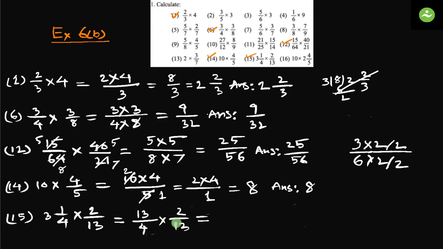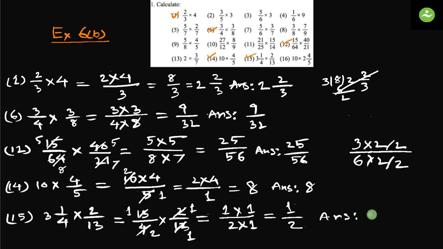That makes calculation easy. Here we can divide the numerator and denominator by 13. Divide by 13, it is 1. Divide by 13, it is 1. Divide by 2 and divide by 2, because this is a multiple of 2. Divide by 2, it is 1. Divide by 2, it is 2. So the new denominator is 2 into 1, the new numerator is 1 into 1, equals 1 over 2, means half. The answer: half.